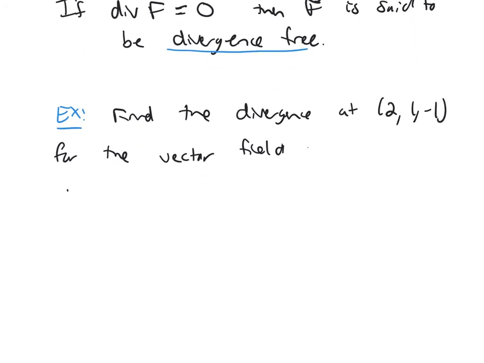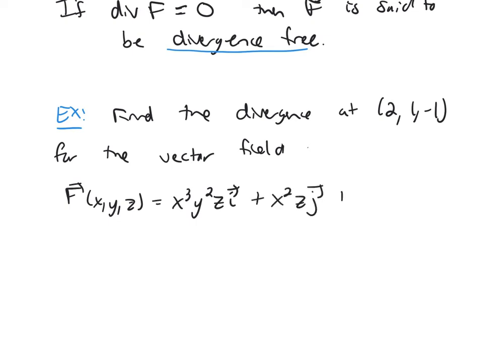The vector field will be x cubed y squared z i plus x squared z j plus x squared y k. So remember that this is your m, this is your n, and this is your p.